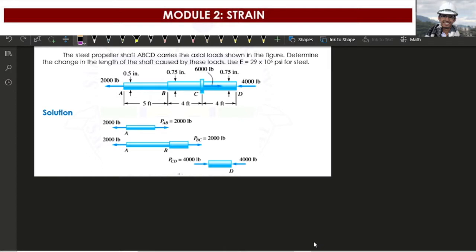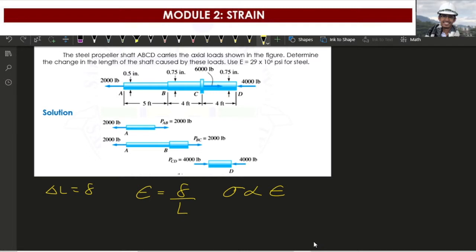So the change in length is equal to the elongation of our material. And we said strain is equal to the elongation over the length of our material. And stress is directly proportional to our strain.